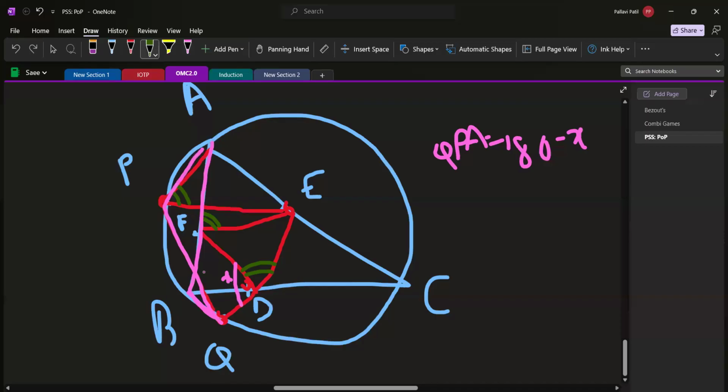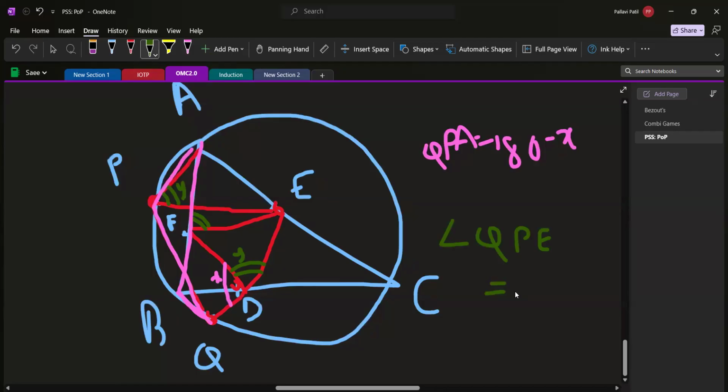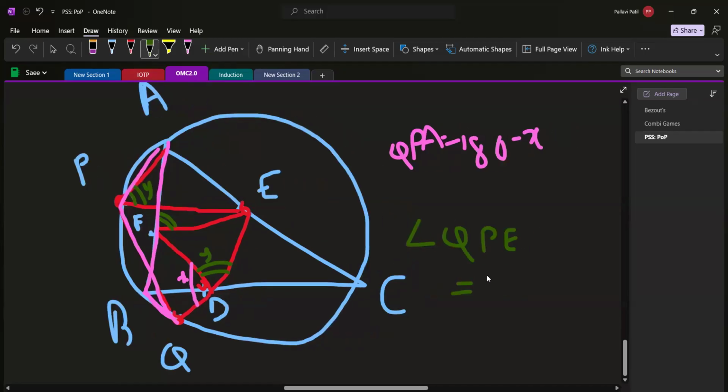What is angle QPE? X plus Y. Sorry, 180 minus X plus Y. Yes, it's 180 minus X minus Y, because it's angle QPA minus angle APE. And we know that QDE is X plus Y. So we're done.